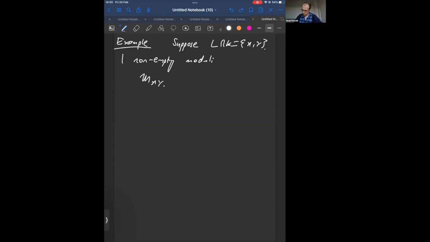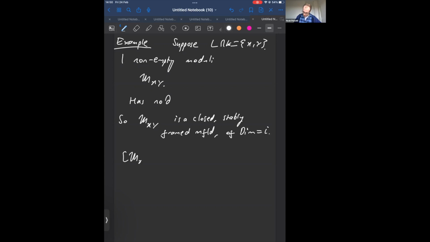If there aren't any other intersection points, then it turns out that this thing has no boundary. So MXY is a closed manifold. So it's a closed stably framed manifold. And let's say it's of dimension I. So it determines a class in the frame bordism ring.